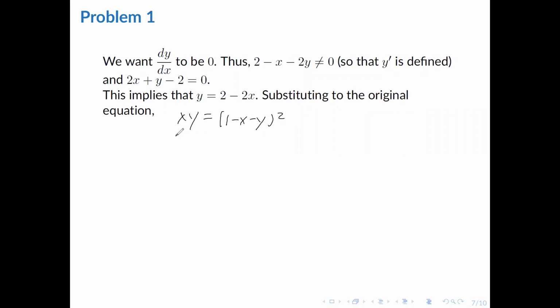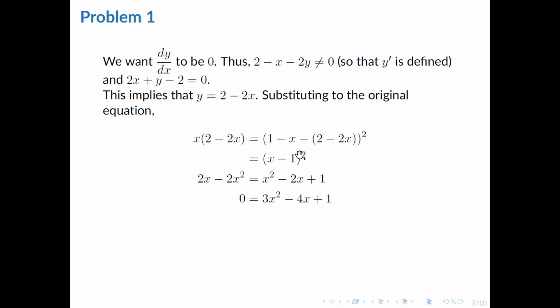Also, because we need these 3 equations to be satisfied, it will be like solving a system of equations. We first substitute this one into that. So yes, substituting that, we obtain this expression, we simplify it, and we find that x should be equal to 1 over 3 or 1.